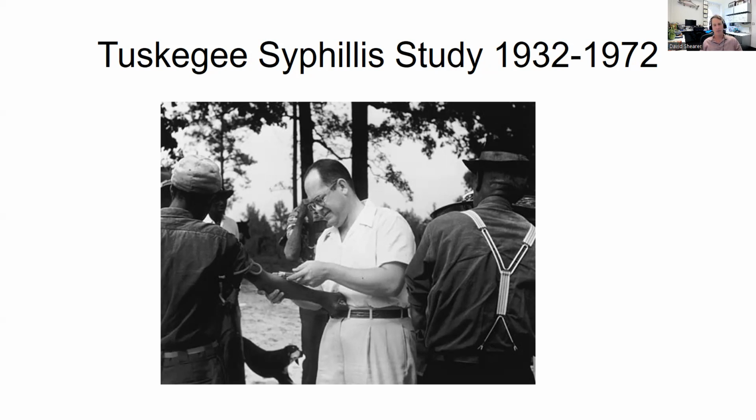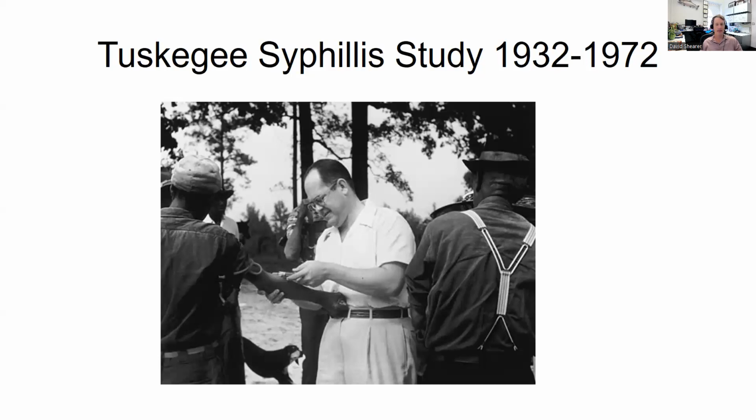And they enrolled patients who had a diagnosis of syphilis, and were trying to see what the effects of syphilis were over time untreated. They wanted to look at the natural history. And over the course of that period, over these decades where the study was going on, new treatments like penicillin came out, and syphilis became a very treatable disease.